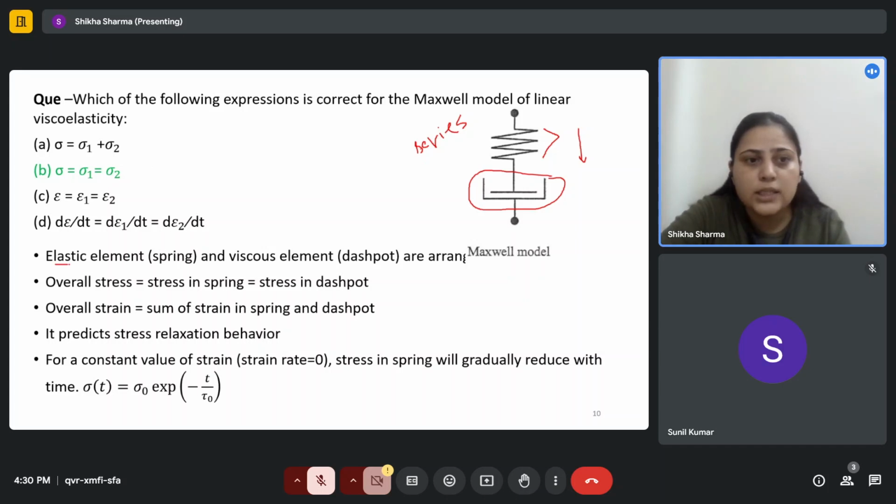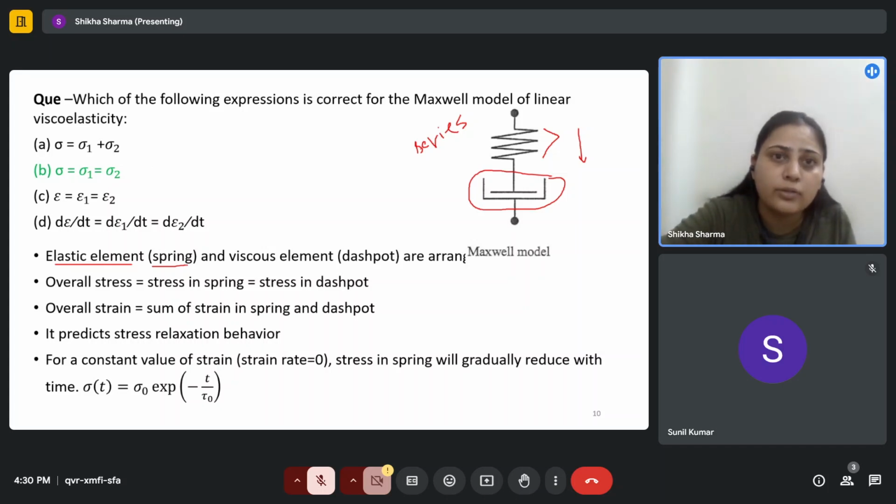So the elastic element is the spring. We are denoting that the total material, a polymer, is a viscoelastic material, right? So we take its elastic component and denote it with the help of the spring.